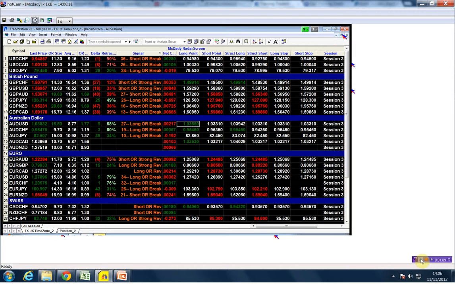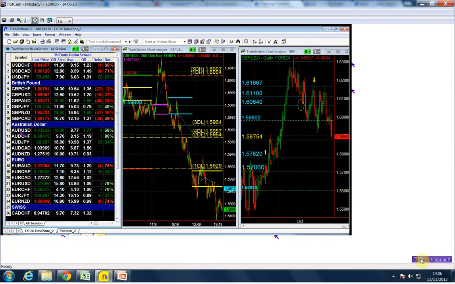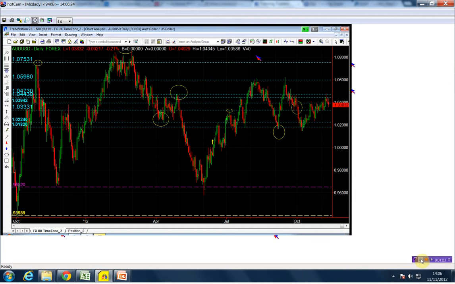So let's look at the intraday chart, the daily chart for the Aussie, because it is impressive to say the least. If you look at this chart, you have several structure points on the upside, which is the 104.73, the 104.43, and then you have the 103.33 and the 102.24 and the 101.82.